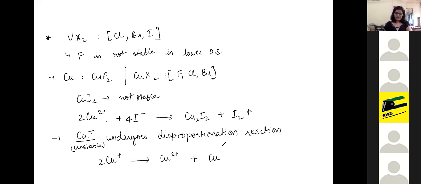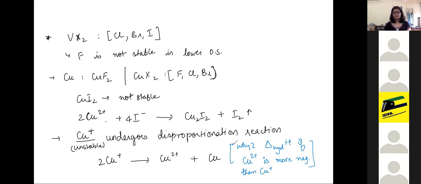The reason is that the enthalpy of hydration of Cu2 plus is greater, or more negative, than Cu plus.